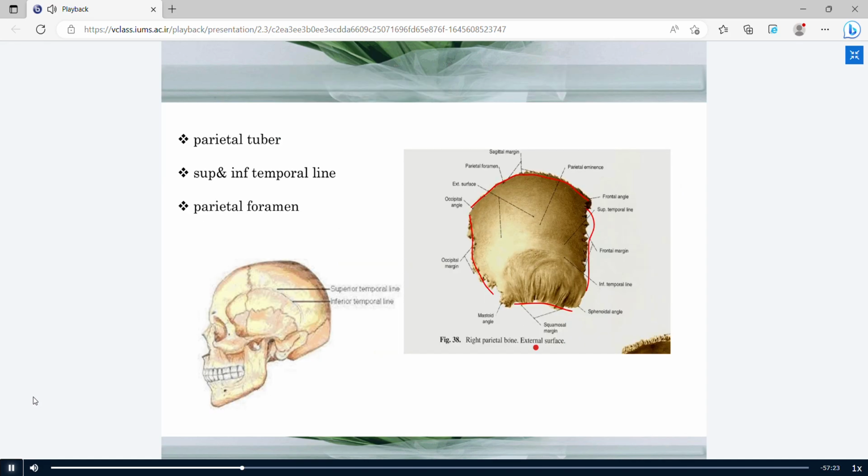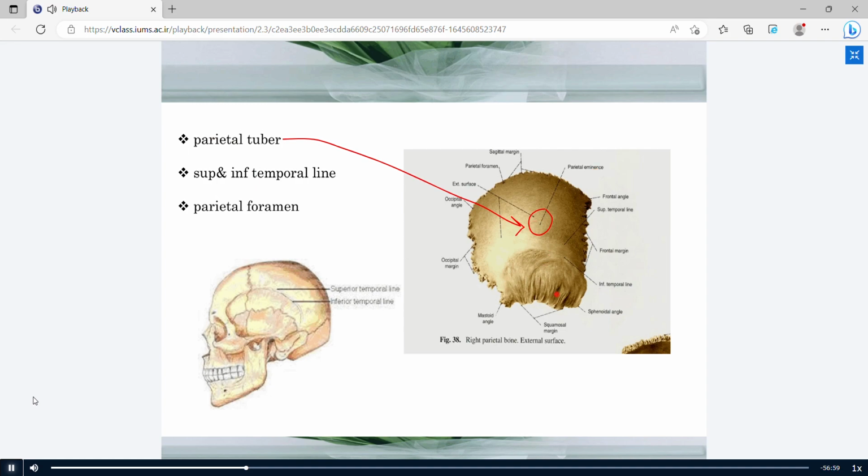This is the squamosal or inferior margin. On the lateral or external surface, there is an eminence called the parietal tuber or parietal eminence.